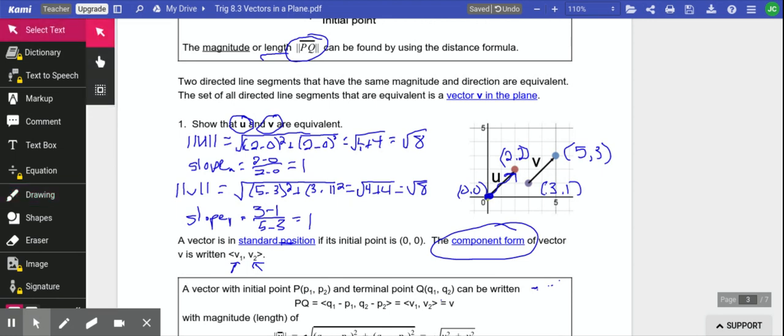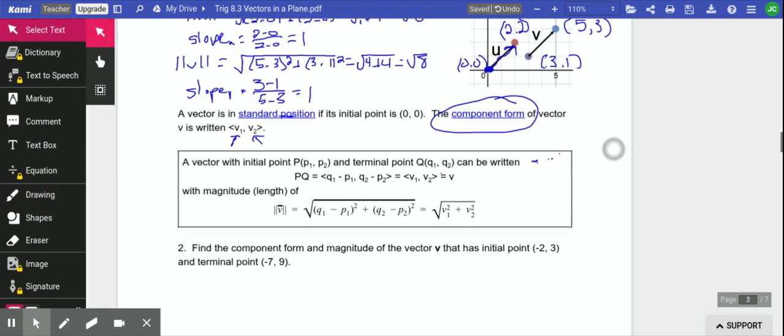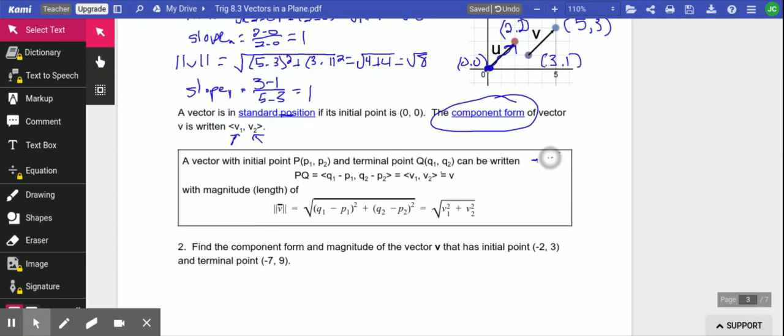All right. Now, any vector, no matter where it is, will have an initial point and a terminal point. So in this case, we've got P and Q. And if we want to put this into component form, we do terminal point minus initial point for the x's, and terminal point minus initial point for the y value.